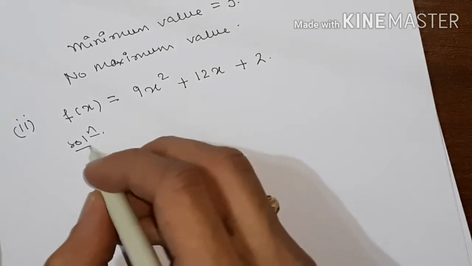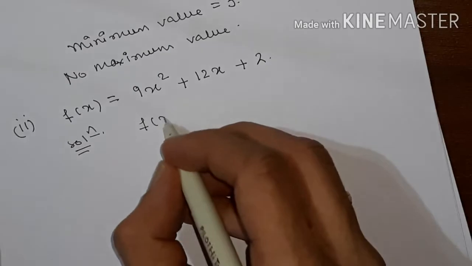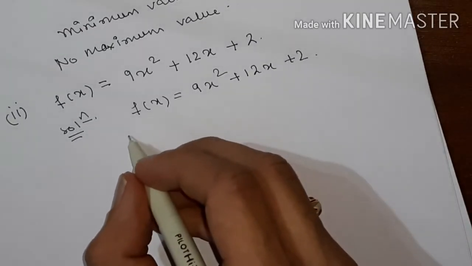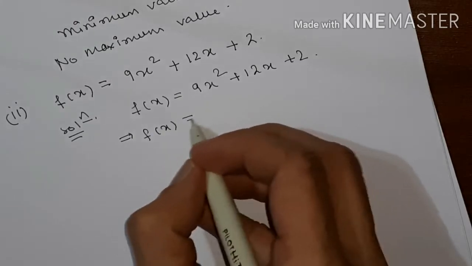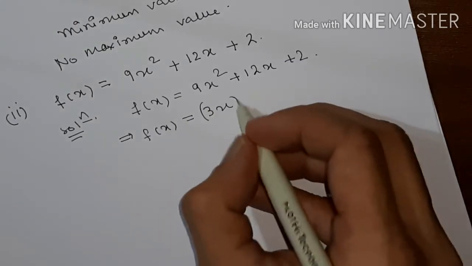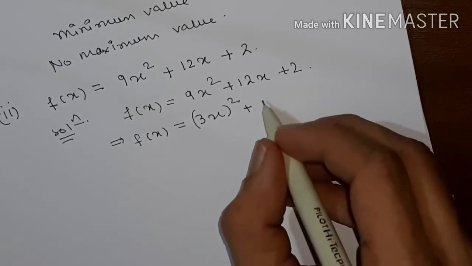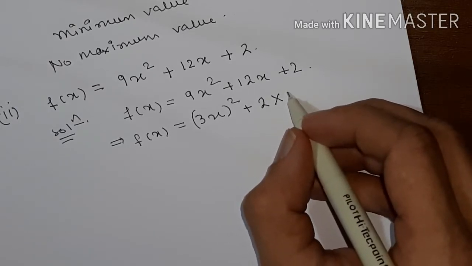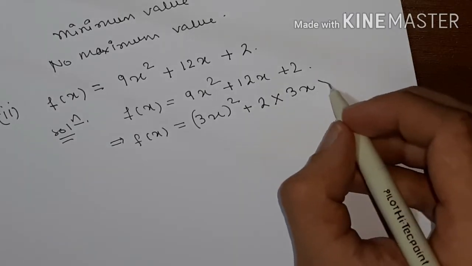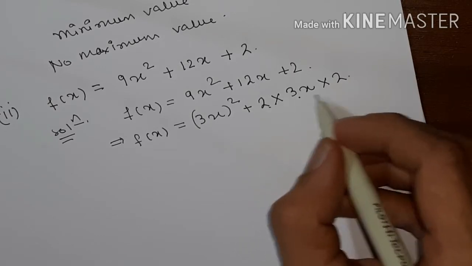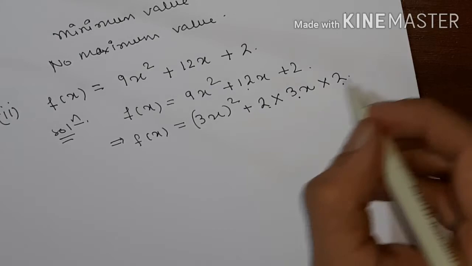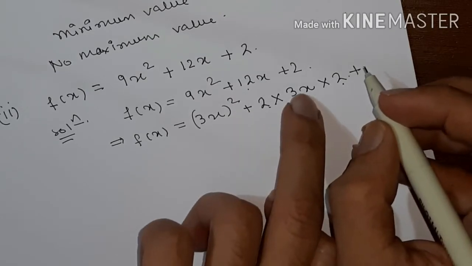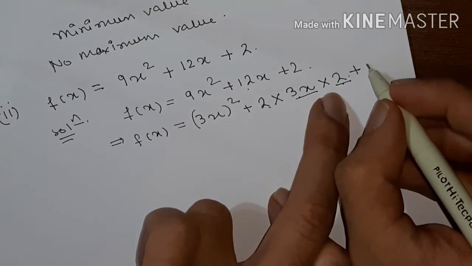Now if you look at this function, f(x) equal to 9x square plus 12x plus 2, we can write this as f(x) equal to (3x) the whole square plus 2 multiplied by 3x multiplied by 2. 2 3s are 6, 6 2s are 12, so 12x, plus 2 square.